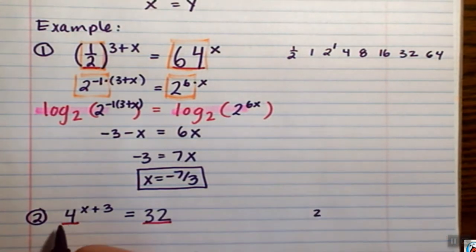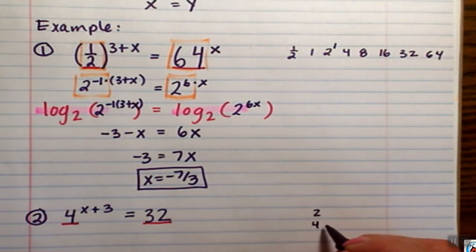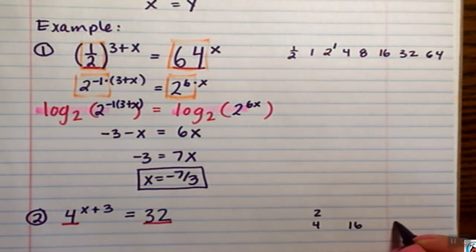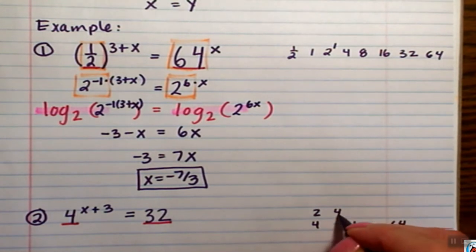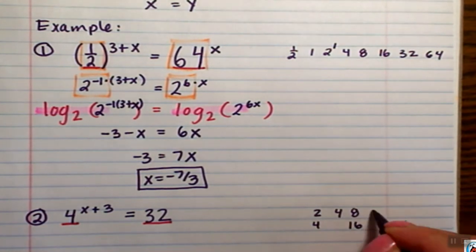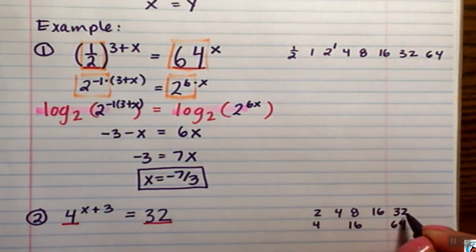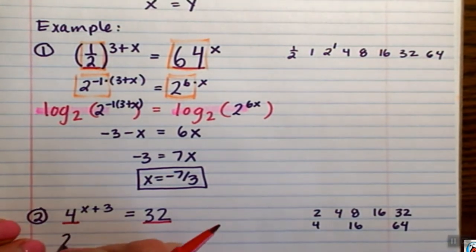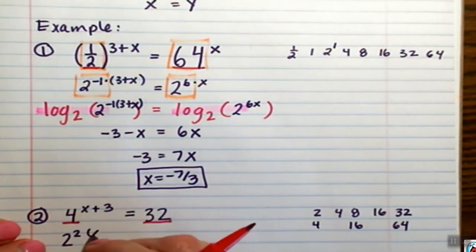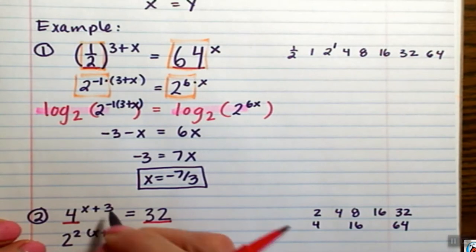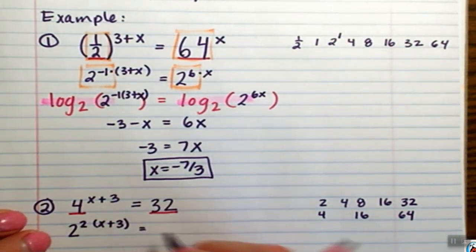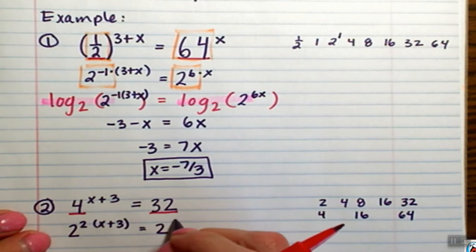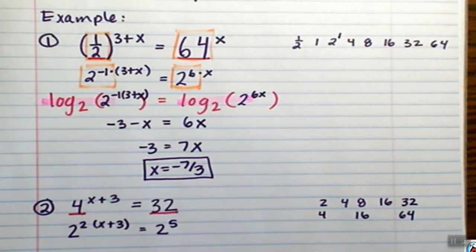Sorry, I'm actually going to go with 2. You want to use the smaller number if possible, because if I use 4, I kind of skip over 32. So I want to use 2. So my base is going to turn into 2 squared, and the exponent's going to stay there. Okay, 32 is going to turn into 2 to the 5th.